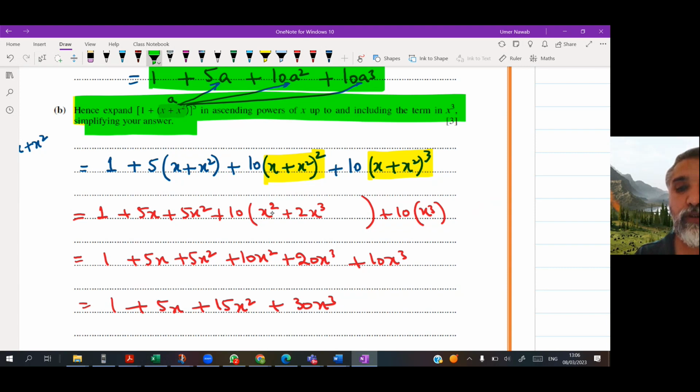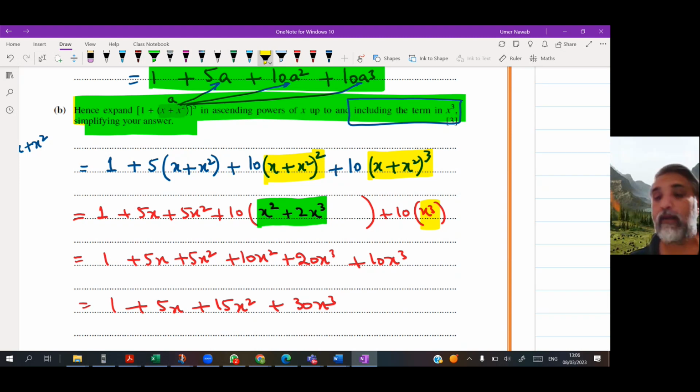How can the student reach this target? Because they keep an eye on this x cubed. When you do the expansion of x plus x squared whole power 3, you will get bigger and bigger powers of x. So there is no chance you are going to get x cubed again. So the first power will be x cubed because my first term is x and it starts with x cubed.